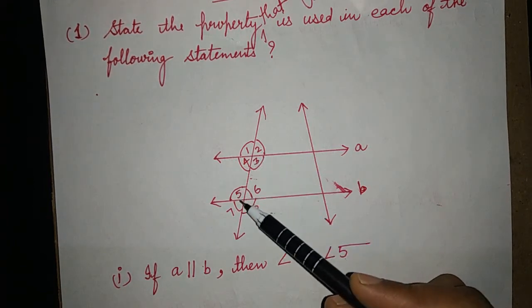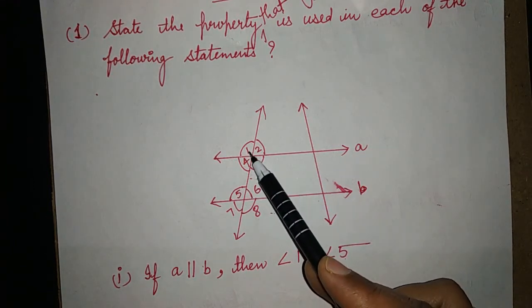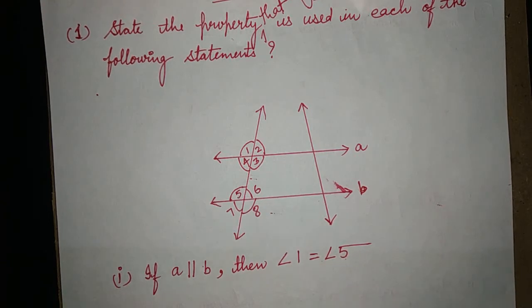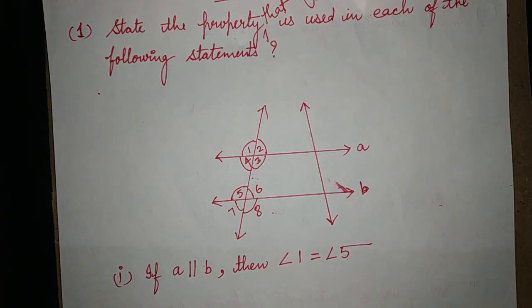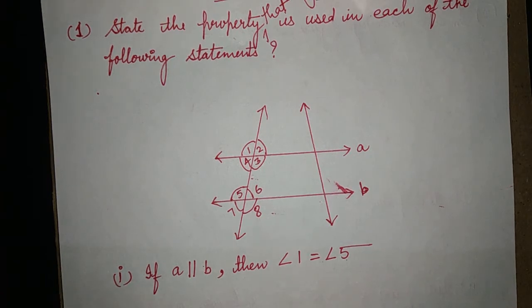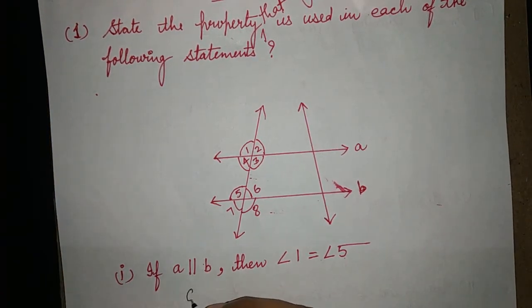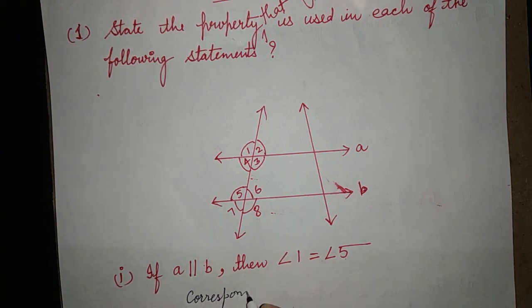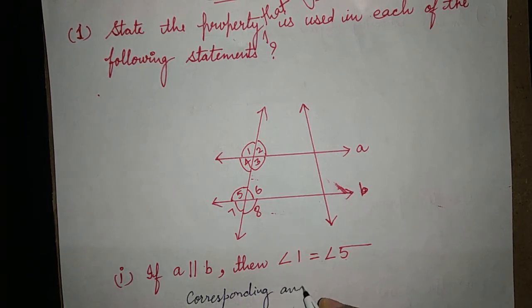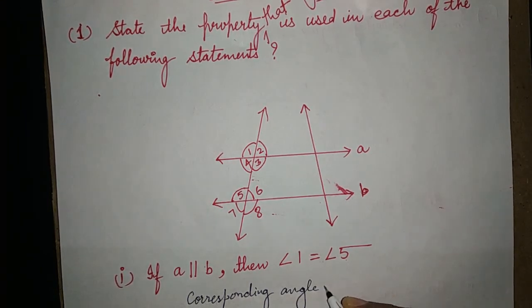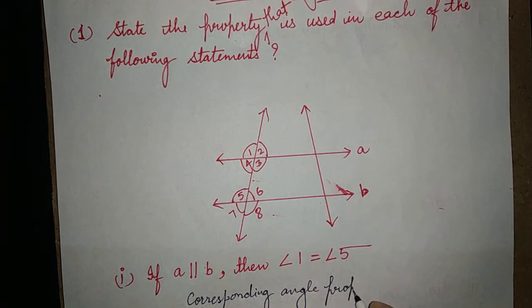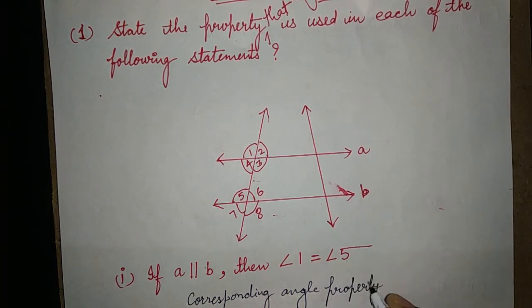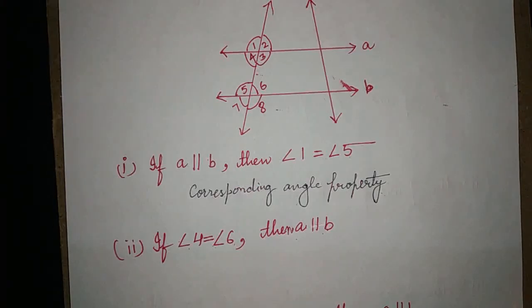Because they are a corresponding pair of angles. Okay. So, here which property will we mention? Corresponding angle property.